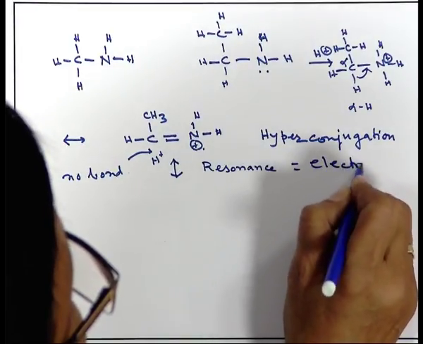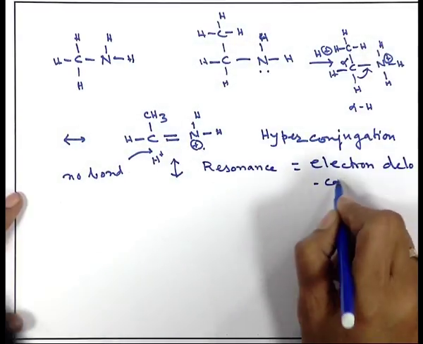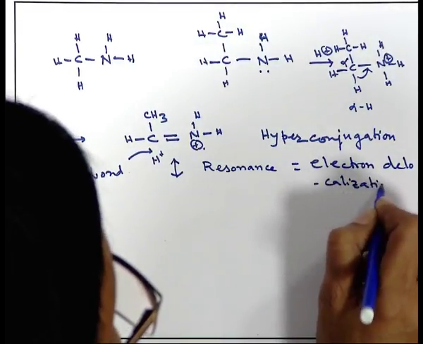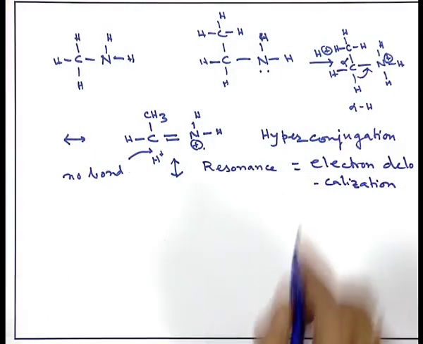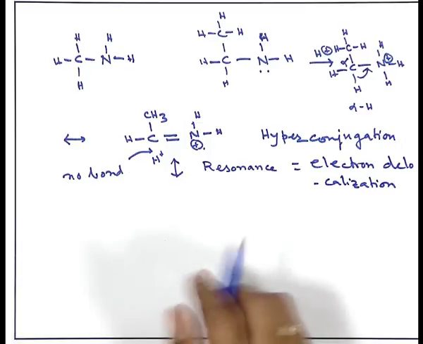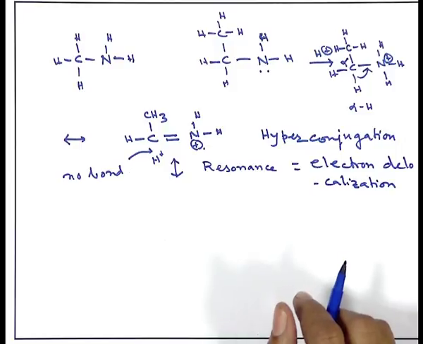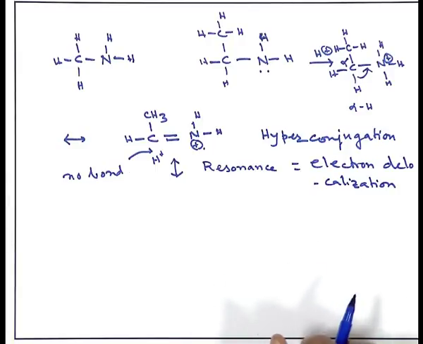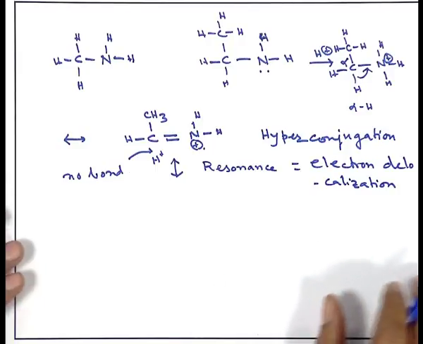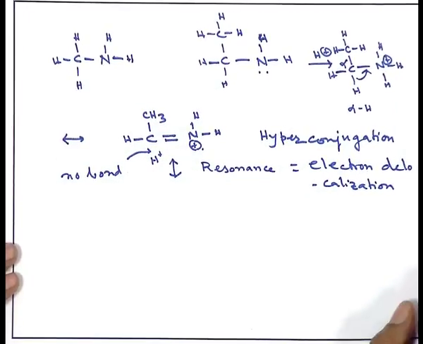Electron delocalization is also called resonance, and when one of these structures shows an apparent no bond, we call it no-bond resonance, and that also helps to increase the basicity of the amines. This is a very interesting phenomenon found in carbon-nitrogen compounds with substituents.